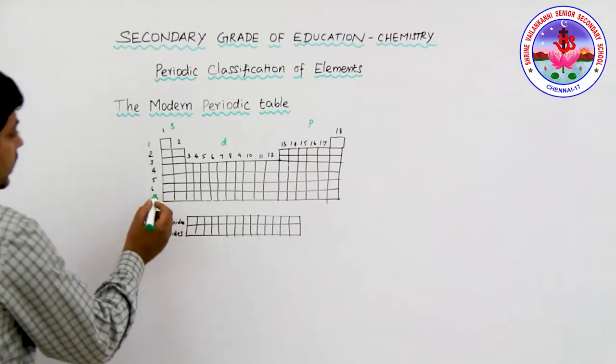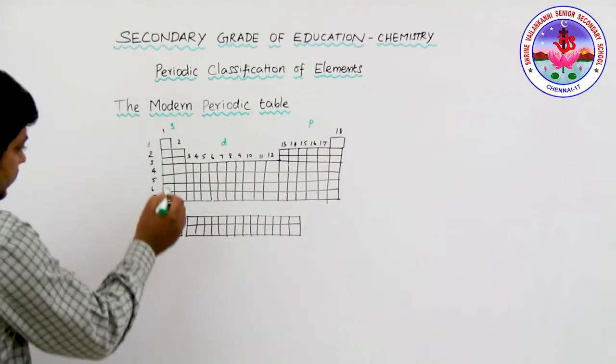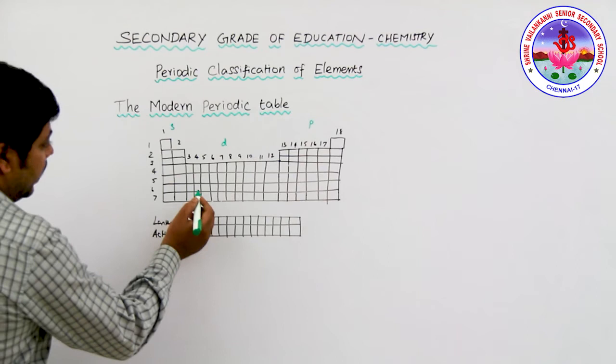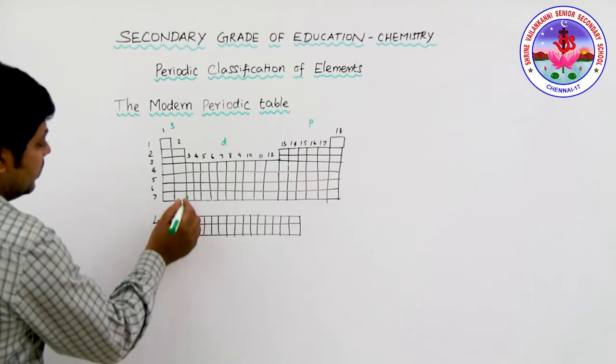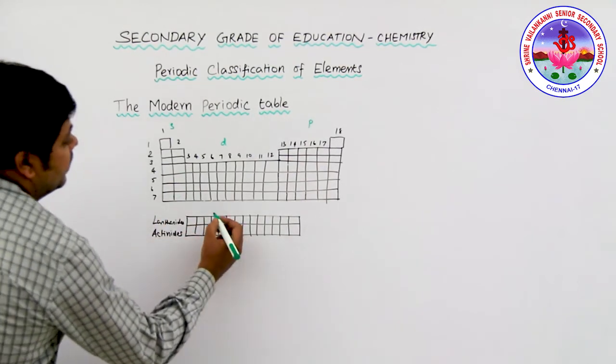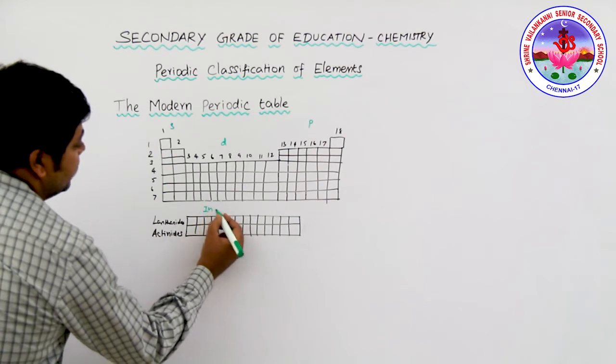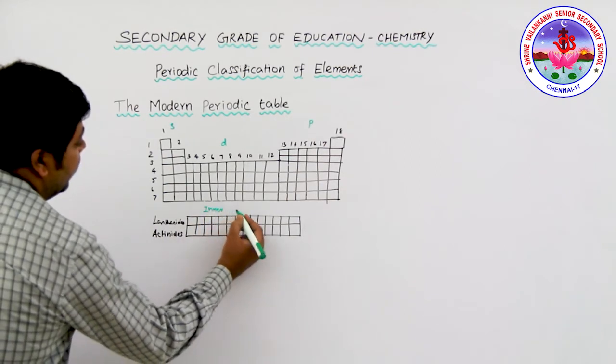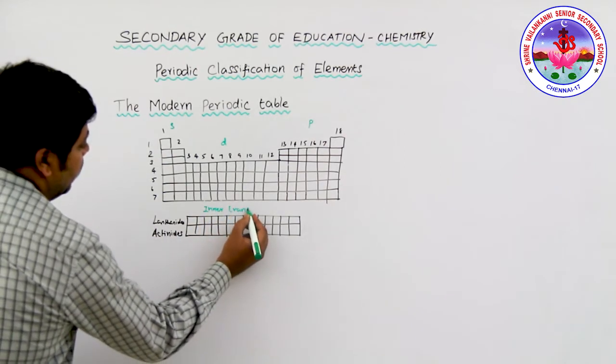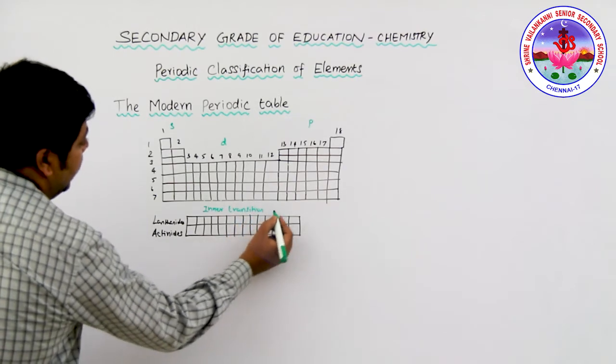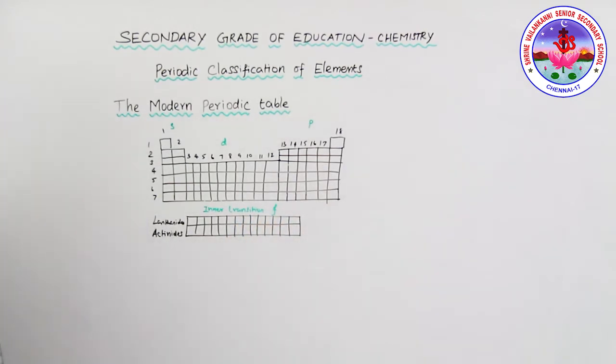Then the lanthanoid and actinoid series, from lanthanum and actinium, are placed in the 6th and 7th periods. These are called inner transition elements or F block elements.